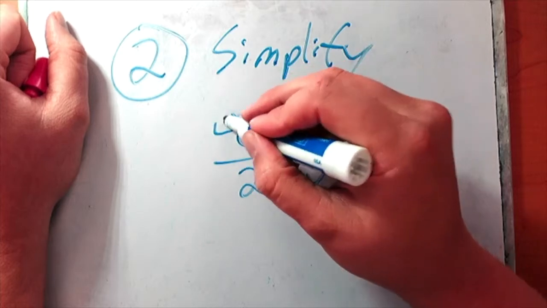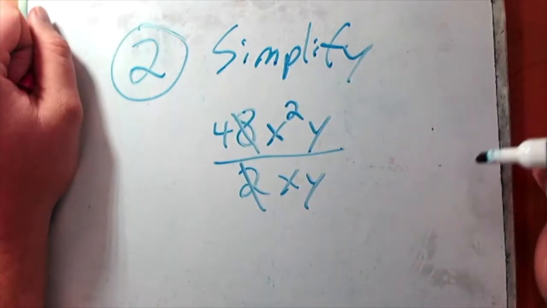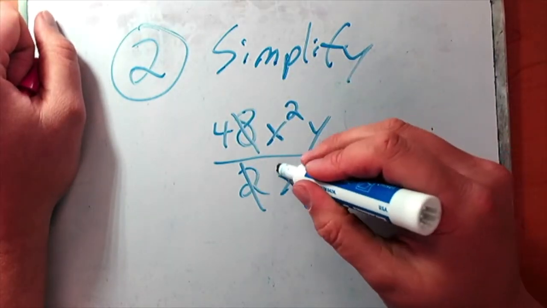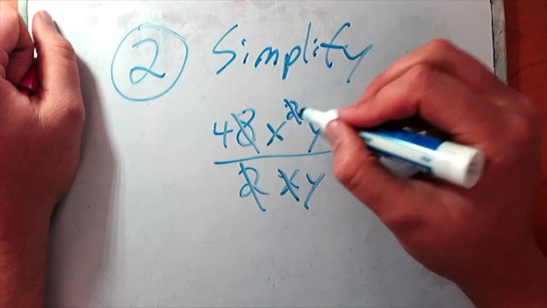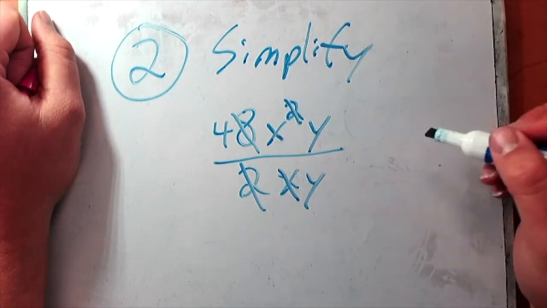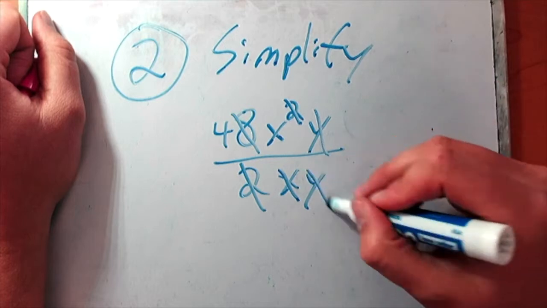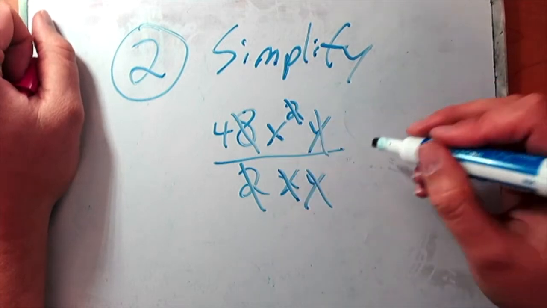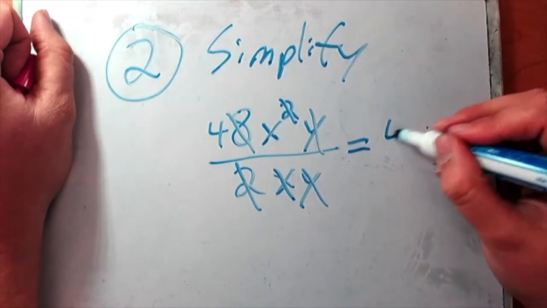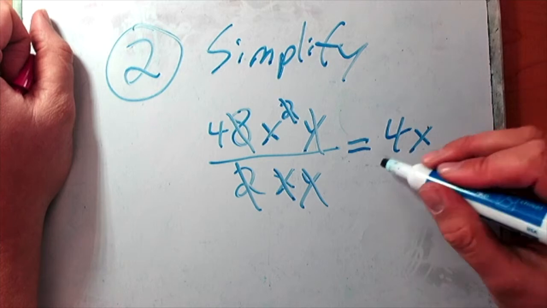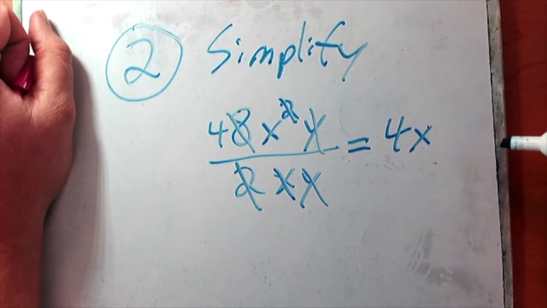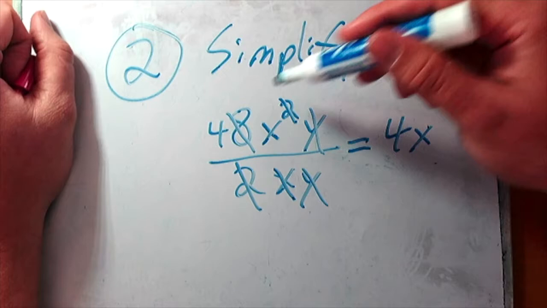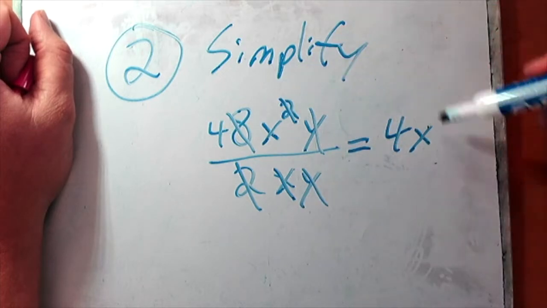You can say this is 4 because you divide by the 2. You get rid of this x, and the x squared is just x times x, so you get rid of one of those x's, so you're left with x. You get rid of y because you've got a y on the bottom. So when you simplify this, it turns into 4x over 1, which is just 4x. So this simplifies to this.